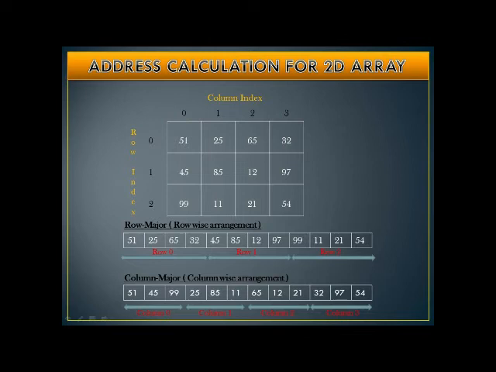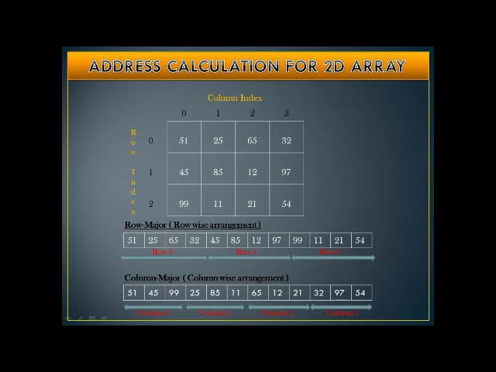Now see, if I need to find the address of 12 using row major, suppose the address of 51 is 100 and each cell takes 2 bytes of memory. That means 51 has 2 bytes, then 25 has another 2 bytes, 65 another 2 bytes, 32 another 2 bytes, 45 another 2 bytes, 85 another 2 bytes.